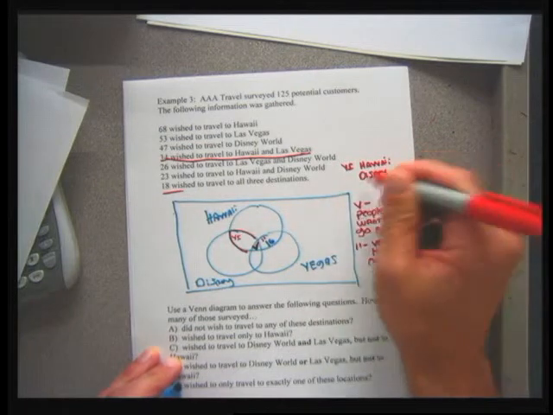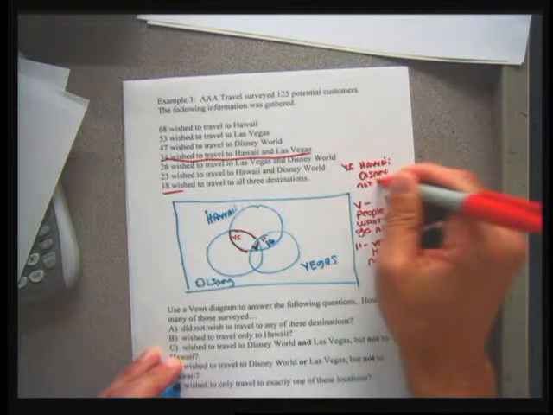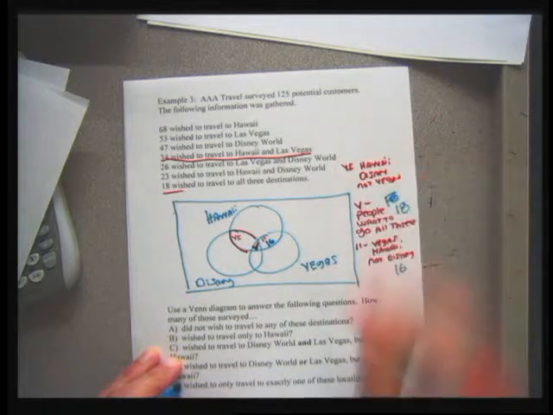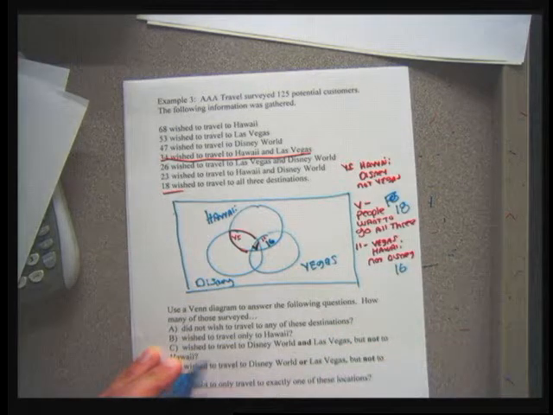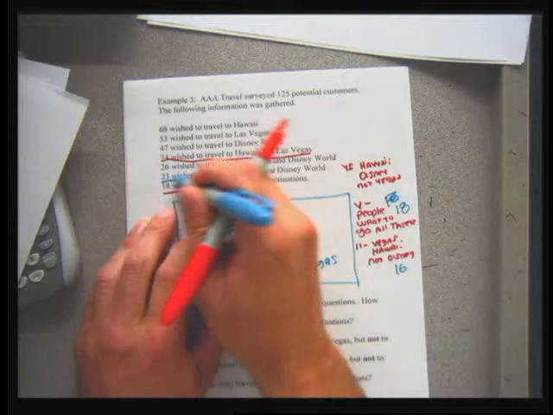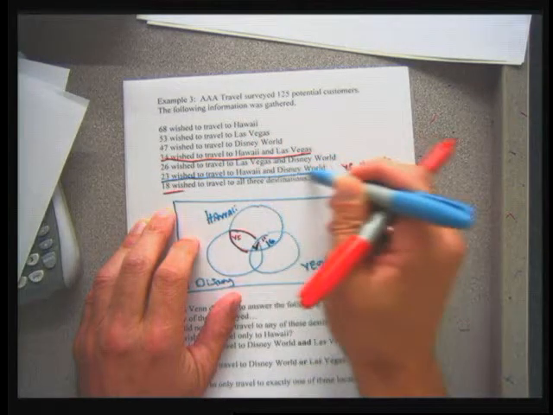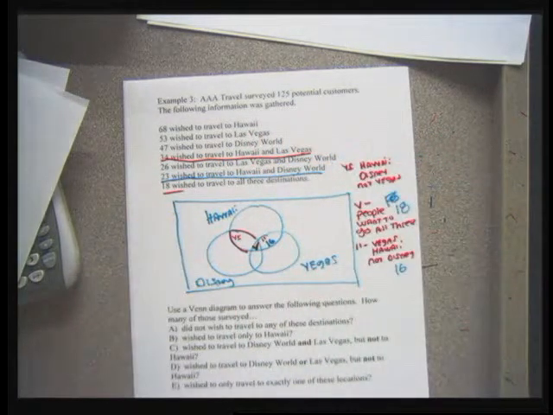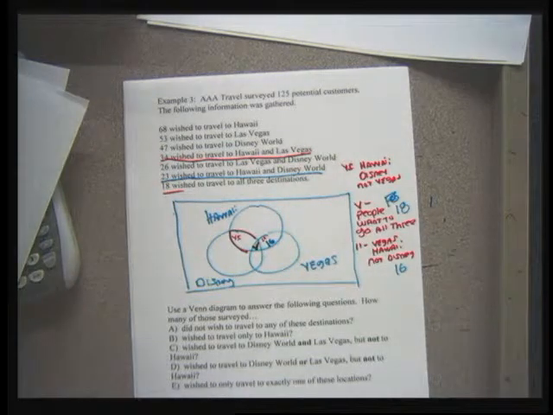But in region 6, you don't want to go to Vegas. And when I look at that, it feels like that 23 is the number that needs to belong there, because there's 23 that want to go to Hawaii and Disney World. That's not the case. That 23 is a deceptive number.